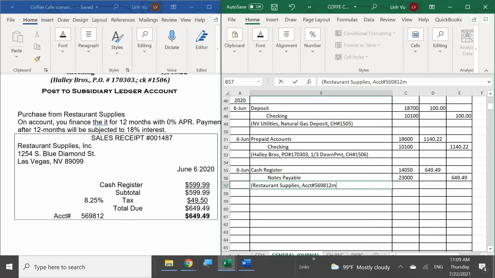Okay. You could choose that. You could say 12-month finance. Okay. And that's it, because you didn't write a check to this. You didn't do anything more than just place this on an account. All right. And that is it for my journal.